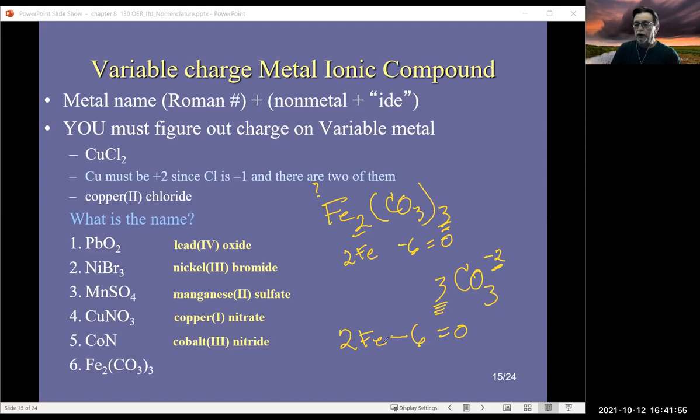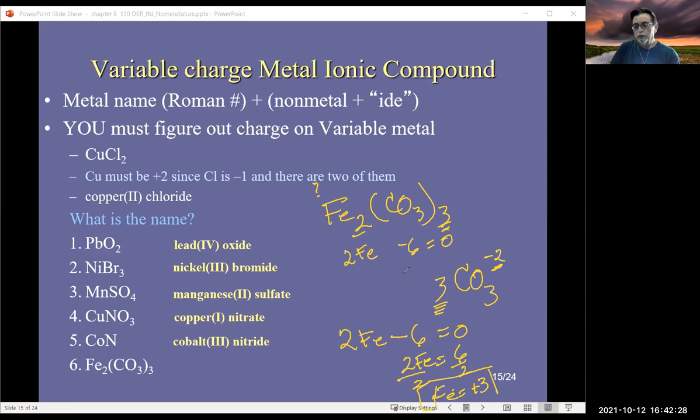So we solve for iron. Okay, so we add a +6 on both sides of the equation, and we end up with 2 iron equals 6. And obviously now we want to isolate iron, so we divide through by 2. And iron is equal to a +3 under these conditions.